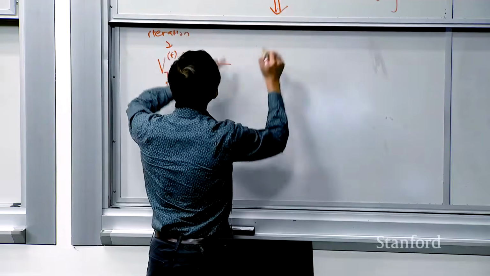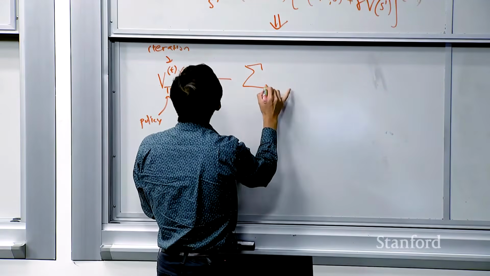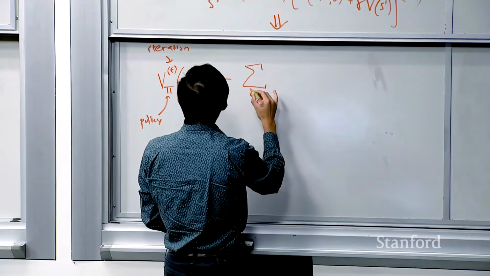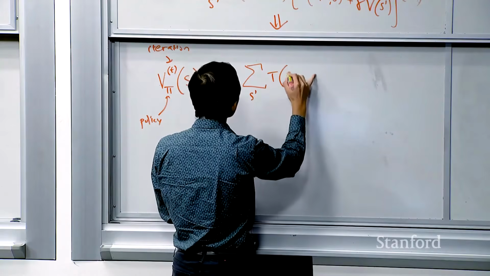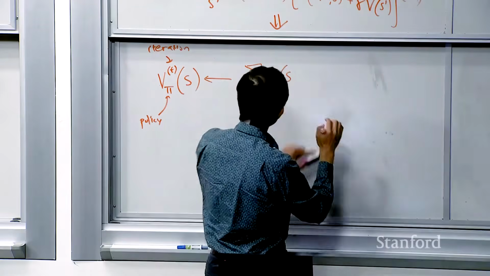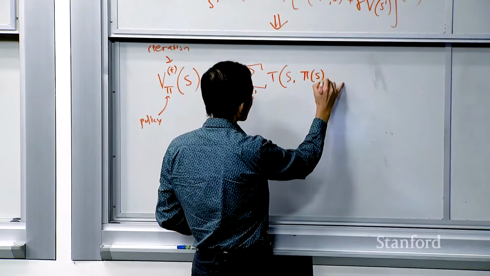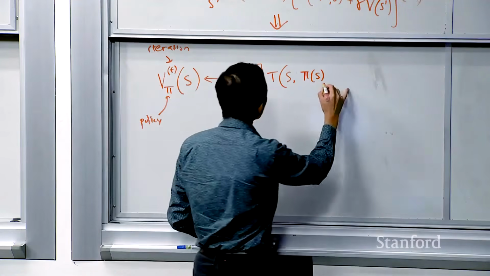So basically this is going to be equal to the summation over S prime of T(S, A). Okay, so what should I put in for A? I should put in pi of S, because I'm looking at the value of a particular policy.